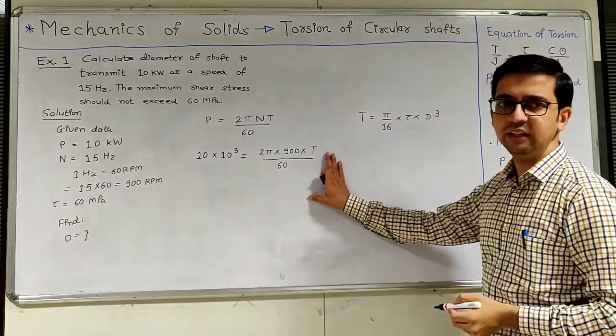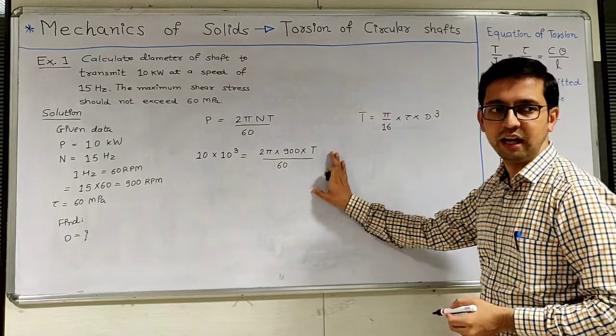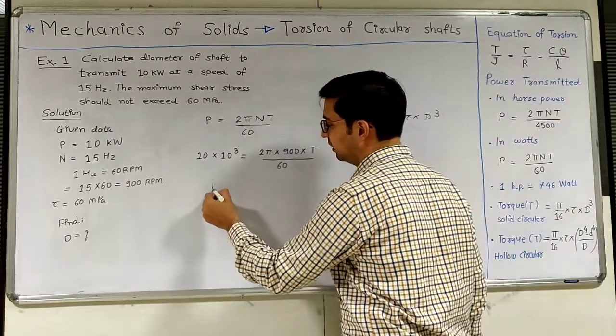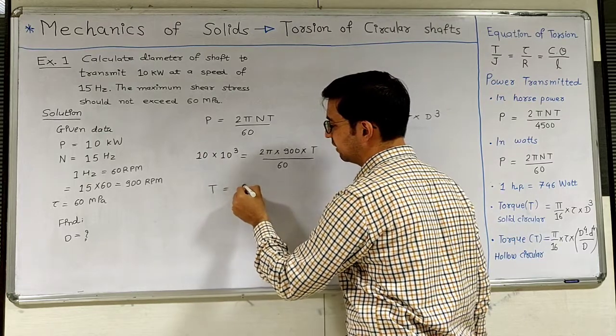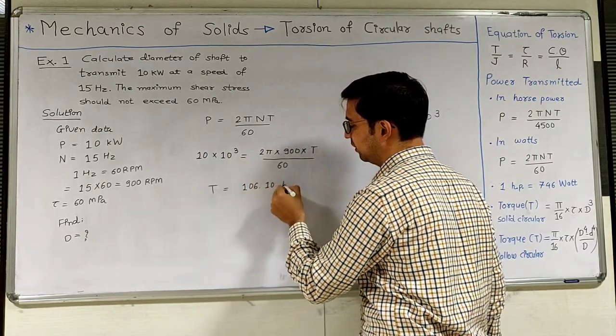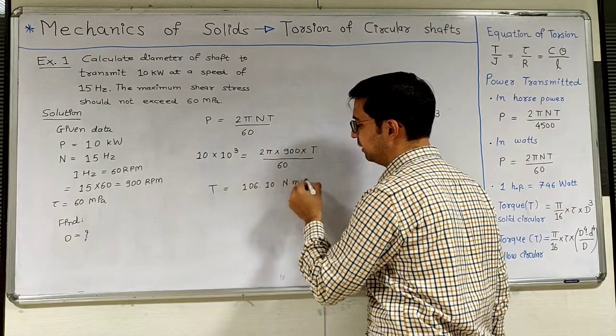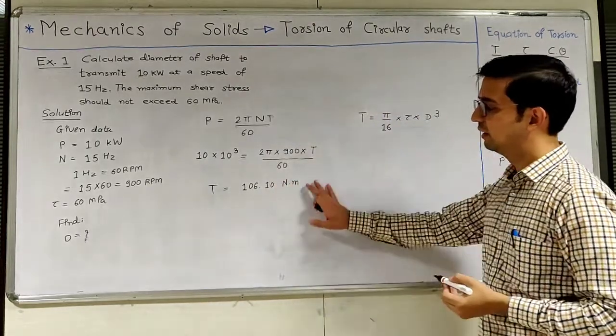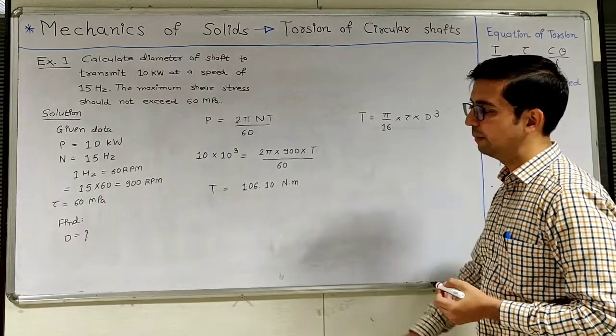By simplifying this equation, we will get the value of torque generated in shaft as 106.10 Newton into meter. Now convert this unit into Newton into mm.